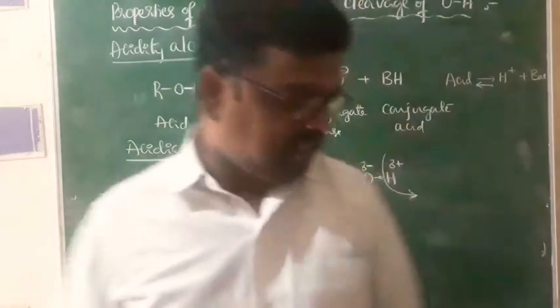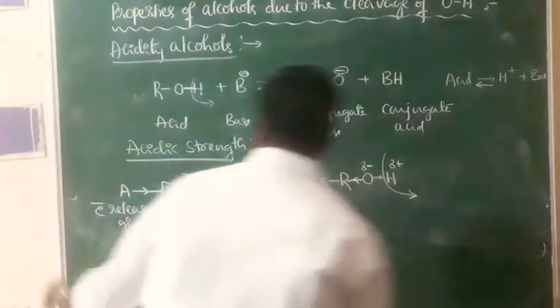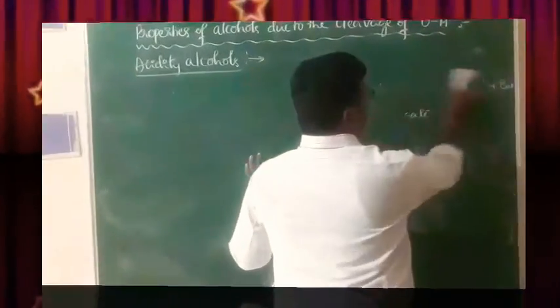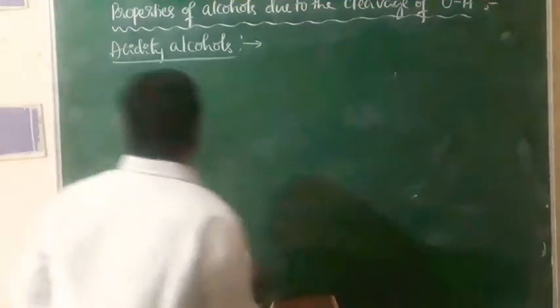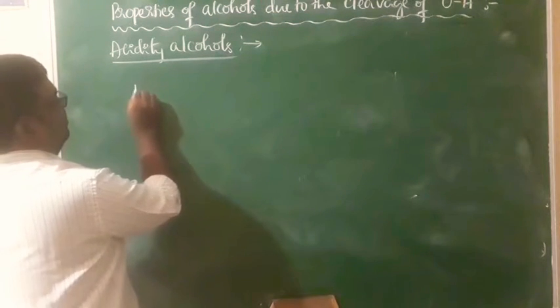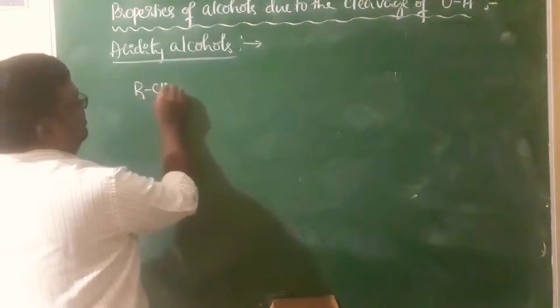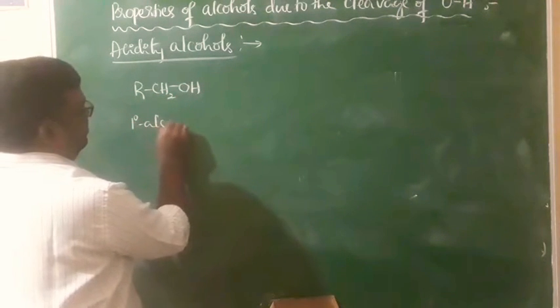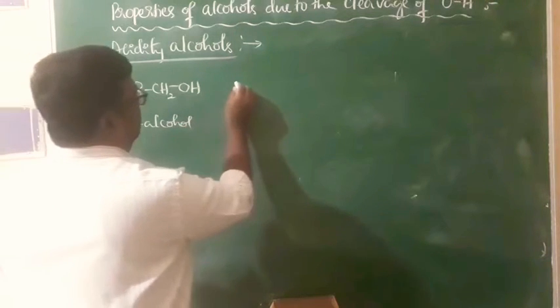On the basis of this, I am going to compare acidic strength of different alcohols. We have different types of alcohols, right? So, for example, look here. This is CH2OH, and of course I call it primary alcohol.